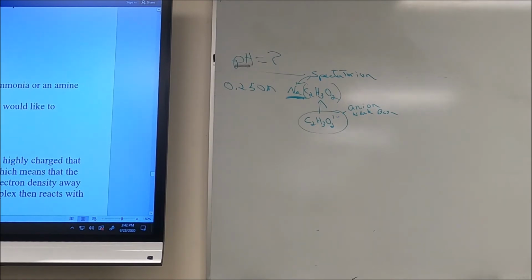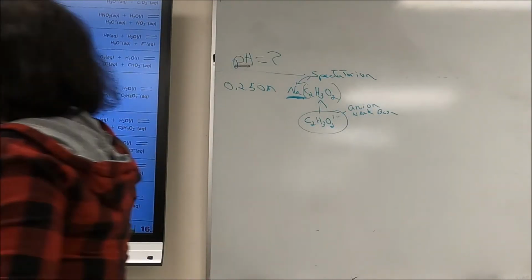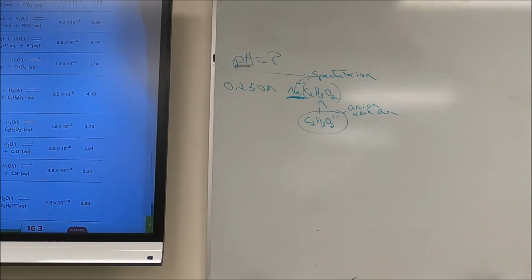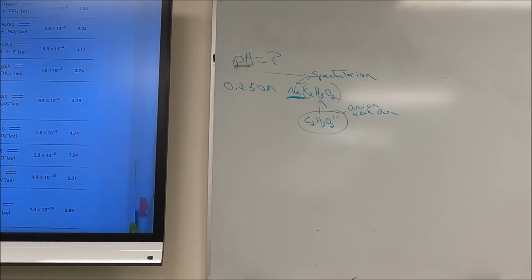So if we look back on page 695, I'll pull up 695 here. Let me flip over so that you can see the book. So we're looking for that formula acid. If you look right here, acetic acid, HC2H3O2. So if I just replace that H with a sodium, that's what I've got.